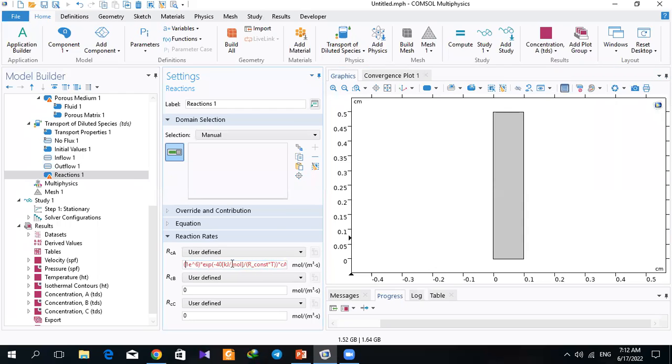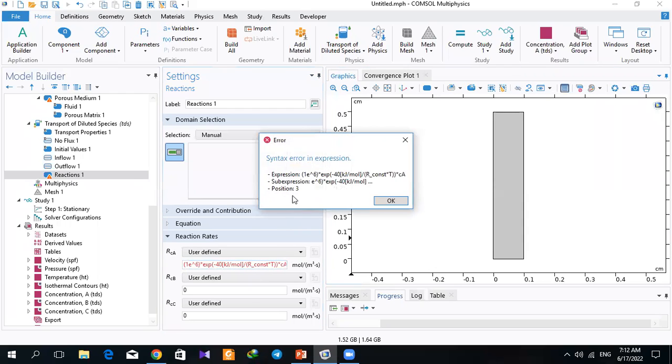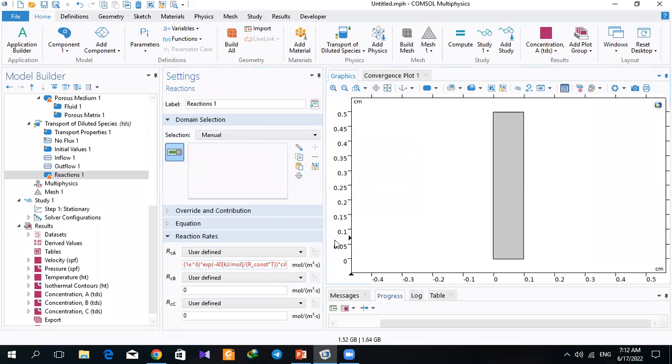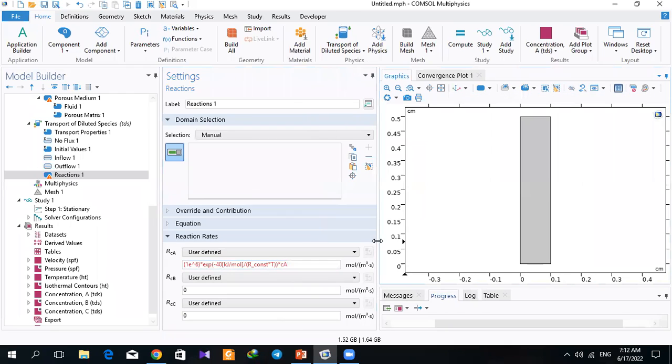When you have something red, that is a problem in the definition of your system, and it's now a problem of unit.